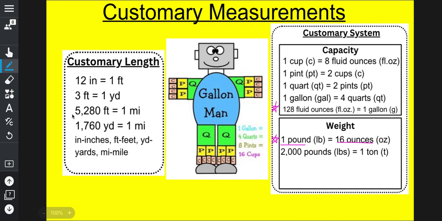We have 5,280 feet to a mile and 1,760 yards to a mile. These two would be ones to definitely have memorized. And we have some of our labelings. IN, inches, FT, feet, YD, yards, MI, miles.